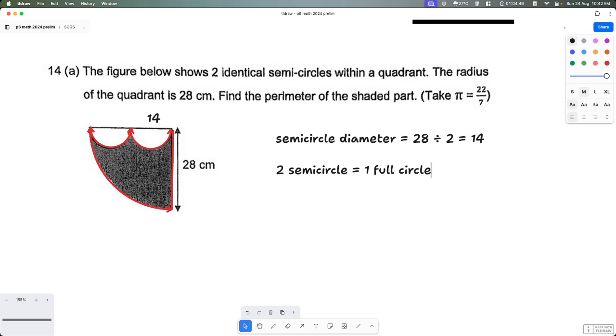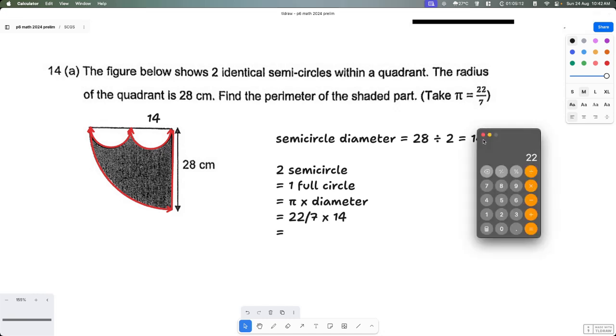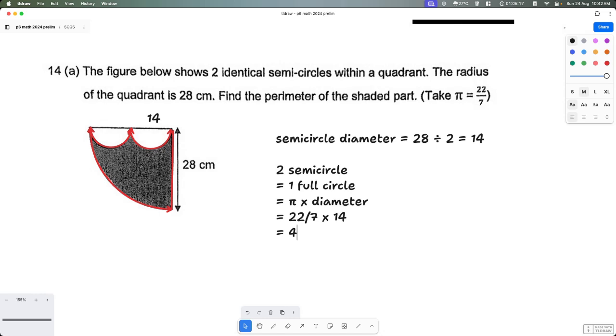One full circle, the perimeter is basically pi times diameter, which is 22 over 7 times the diameter of 14. Okay, let's use the calculator. 22 over 7 times 14 will give us 44 centimeters. So that's the two semicircles.